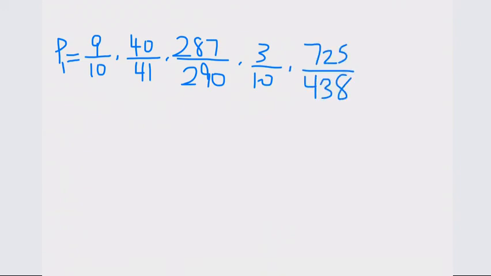Lots of stuff is going to cancel out, and we'll be able to find p1.